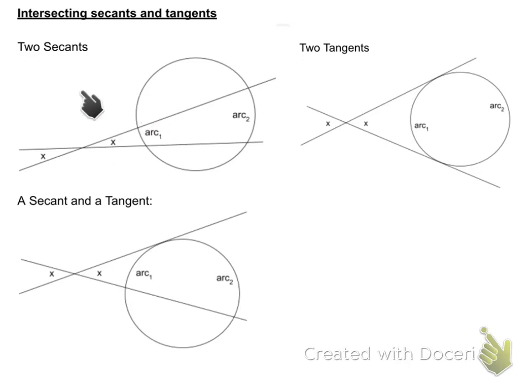We could have a tangent and a secant, but they also will meet outside. And we could have 2 tangents. The 2 tangents meet on the outside. Notice x is always the angle formed on the outside. And again, because those are vertical angles, both of these inside here are x.